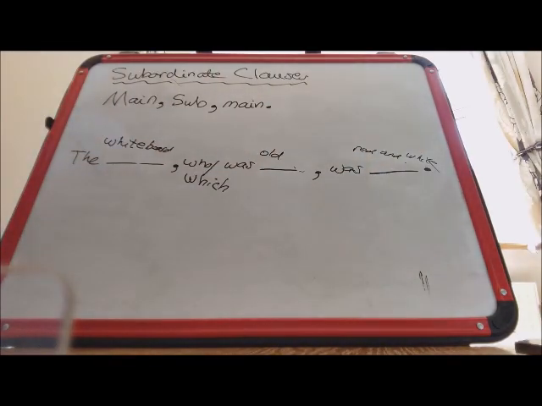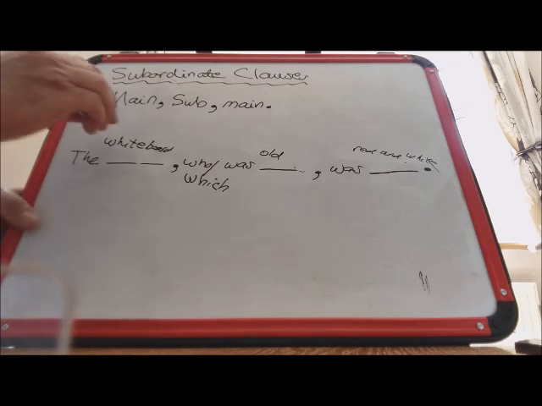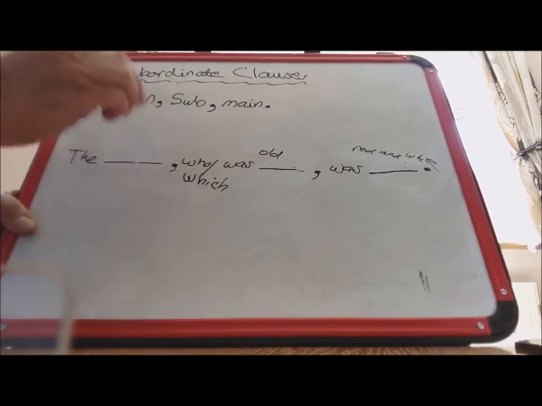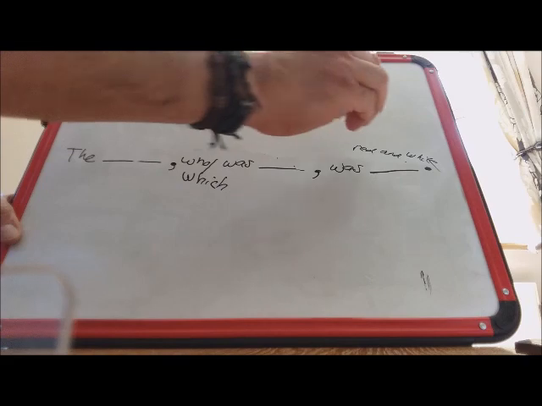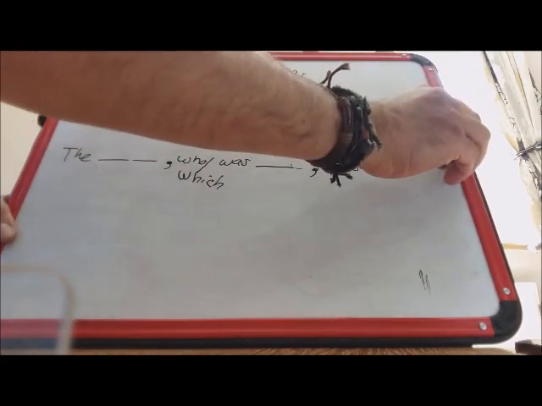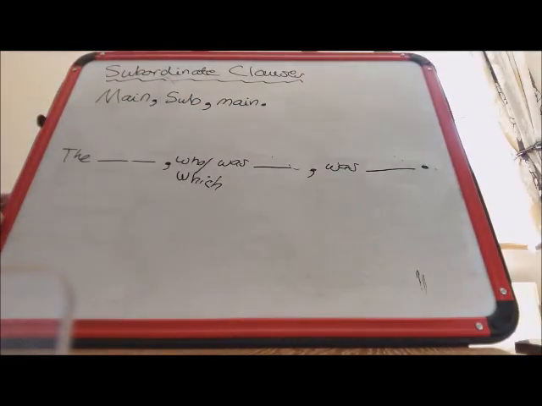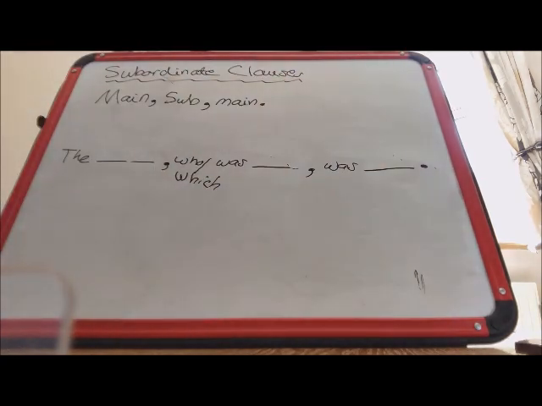Okay, now that's not the best sentence ever written, but it kind of shows you how these sentences are built up. So what I will do is I will get rid of that information there, but I will leave the basic writing frame.